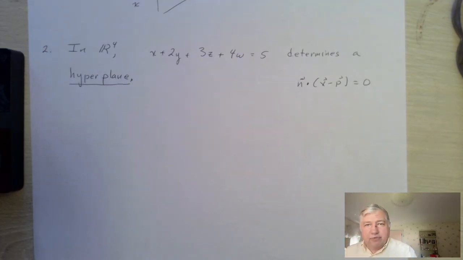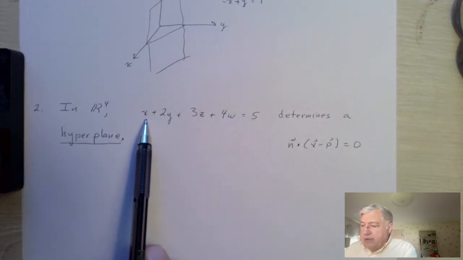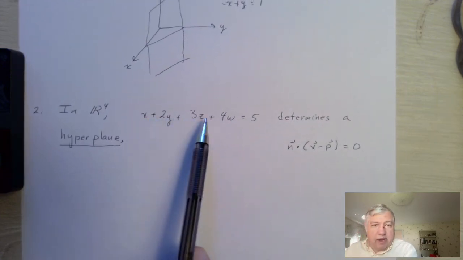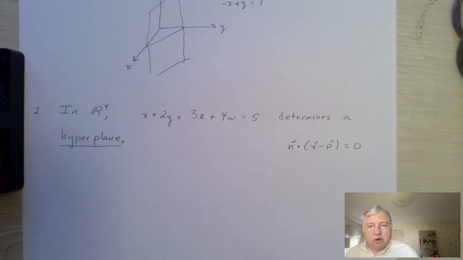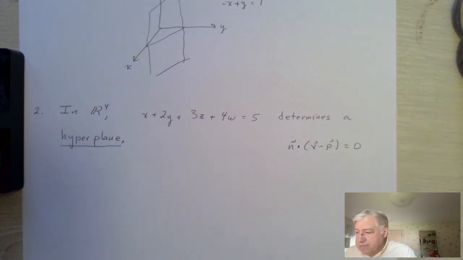So that defines a new object in Rn, which we may or may not be able to understand. Like in this case, if we let our variables be x, y, z, and w to represent the 4 coordinates in R4, this equation will give us an object called a hyperplane. A hyperplane is a generalization of a regular plane.